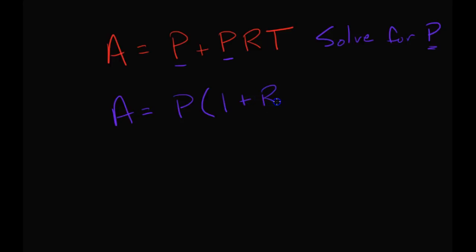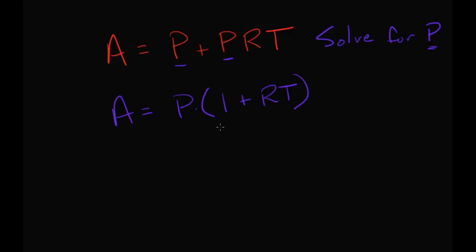This is what would happen if I took p away from here and from here. Because if I think about multiplying, p times 1, that's p. p times rt, that's prt. So I pull whatever this variable is that they have in common out front, and then I think, what could I multiply that by to get back to the original expression?